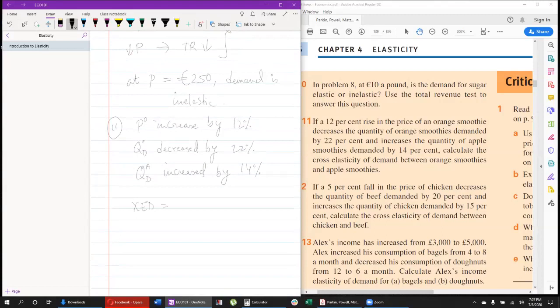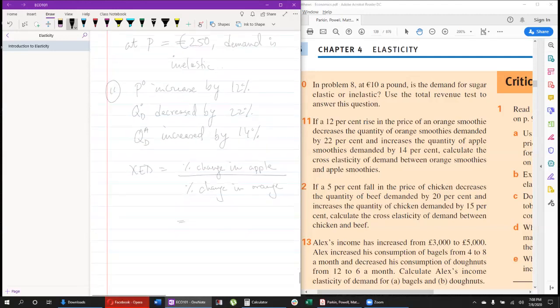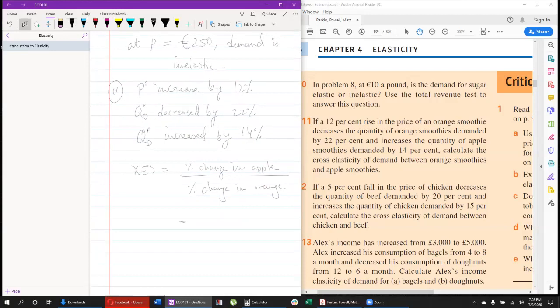You guys remember the formula, which was effectively percentage change in apples divided by percentage change in orange. And of course, usually we write out the formula to calculate percentage change, which is new minus old divided by old plus new divided by 2. So effectively we calculate percentage change in one thing divided by percentage change in another thing.